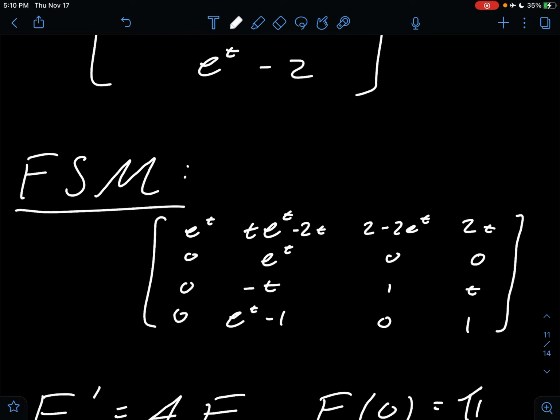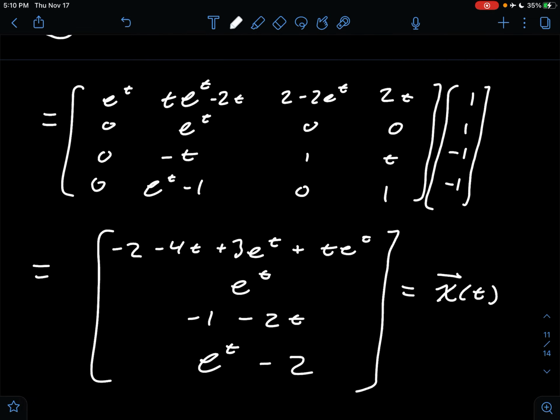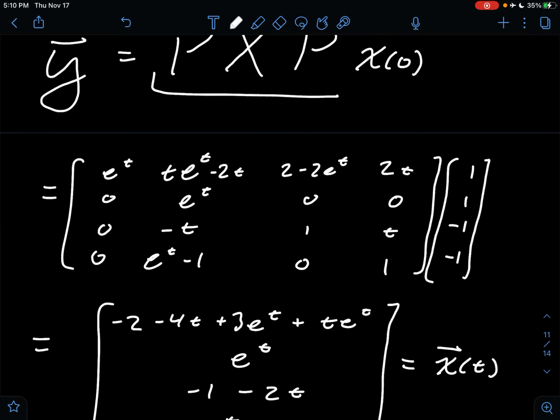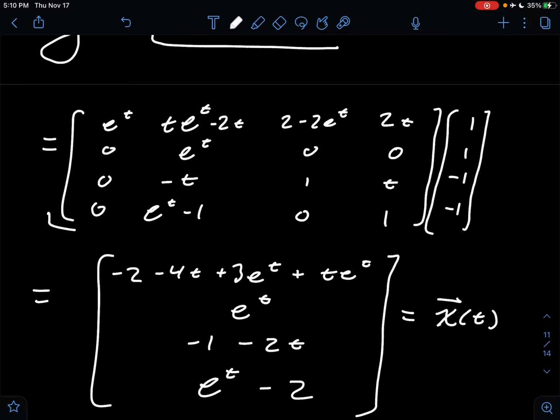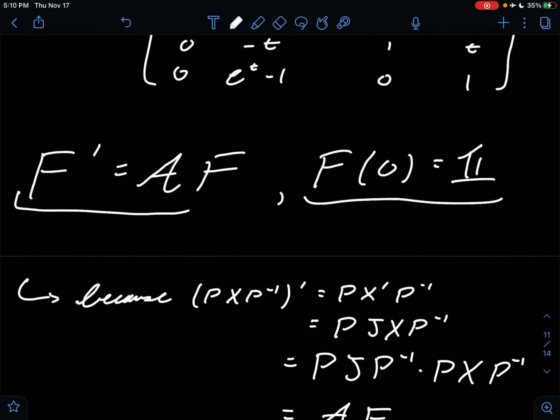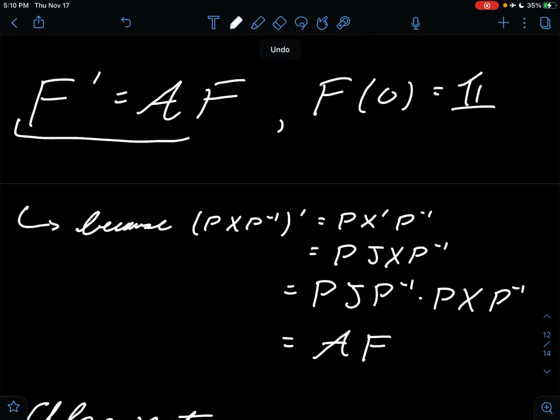Okay, so the fundamental solution matrix. That is equal to this thing, PXP inverse, and in our case it's equal to this big guy. So we know that it solves this with this initial condition. Okay, why?